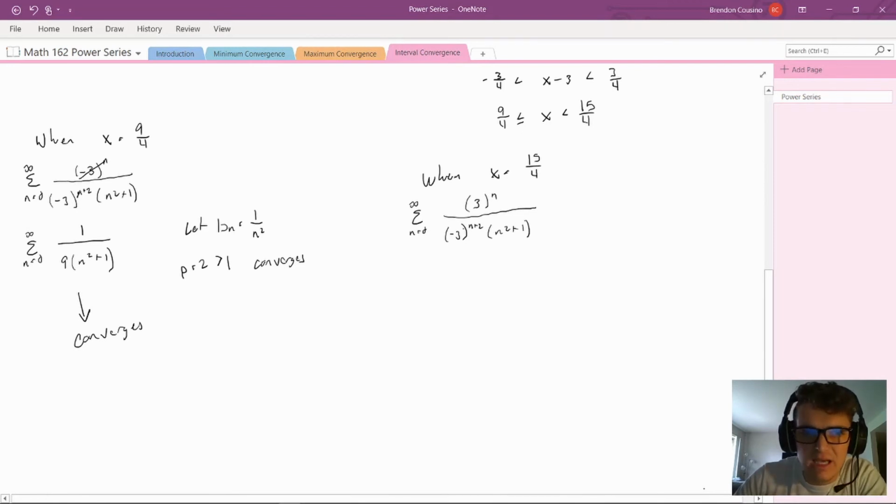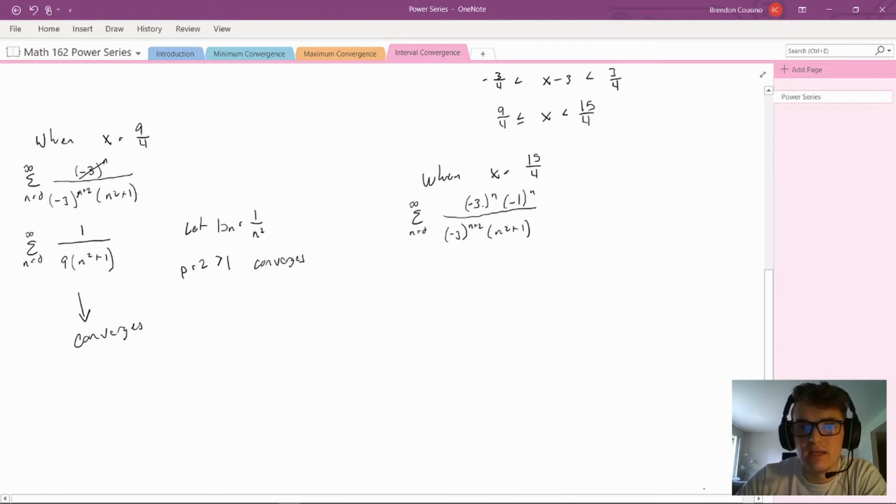Okay, so now I would really like to cancel these 3 to the n's, but I can't yet because this is a negative 3 to the n and this is a positive 3 to the n. But one way I can change that is I can add a negative here and then multiply by a negative 1 to the n, right? And so the way that this works is if I were to combine these together, because they both have the same power, I would just be multiplying negative 3 by a negative 1, which would give me my positive 3 back.